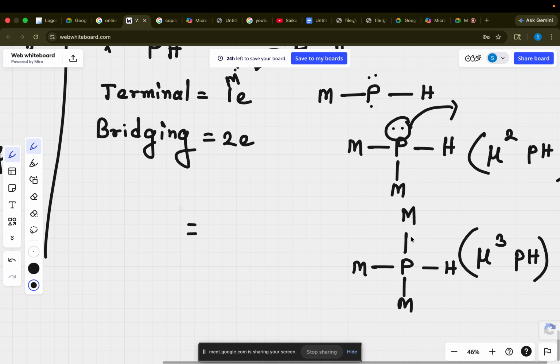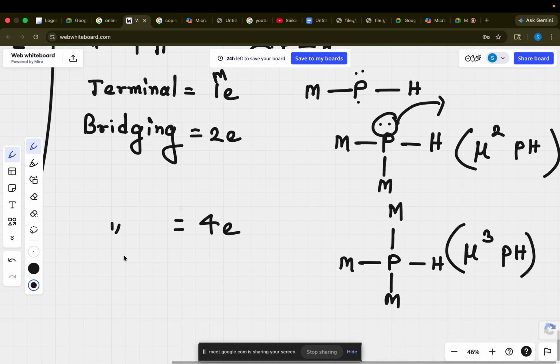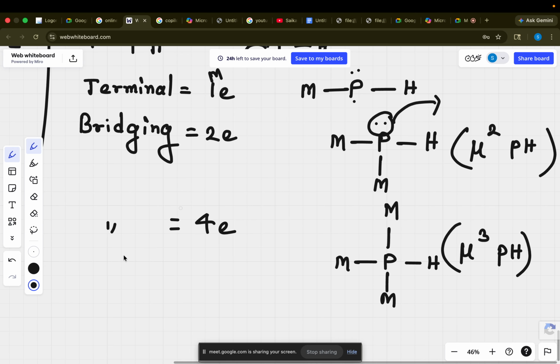It is acting as a bridging ligand. How many electrons is it donating? 2 electrons from here and 2 electrons from here. So 4 electrons. Clear? First of all you fill the octet, then you have to check. Terminal means covalent bond formation, so the ligand will donate only 1 electron.